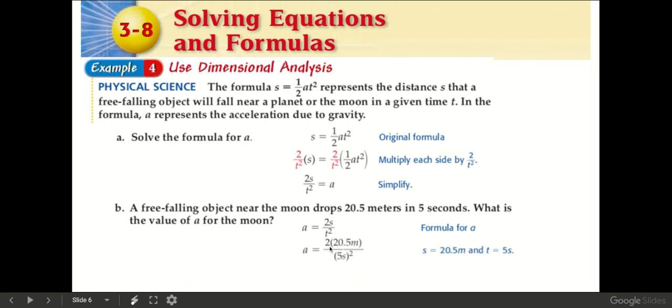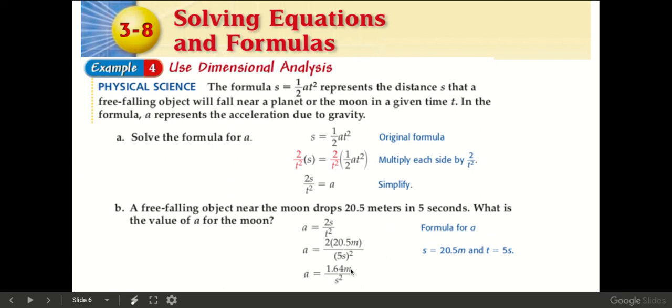So let's see. So I have 2 times 20.5 meters over 5 seconds squared. So let's go ahead and simplify this. Or sorry, 2 times 20.5 divided by 5 is going to give me 1.64.